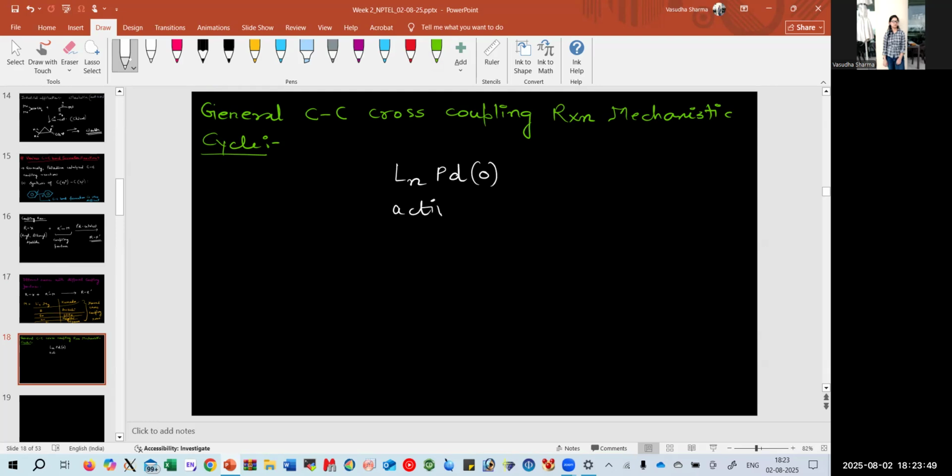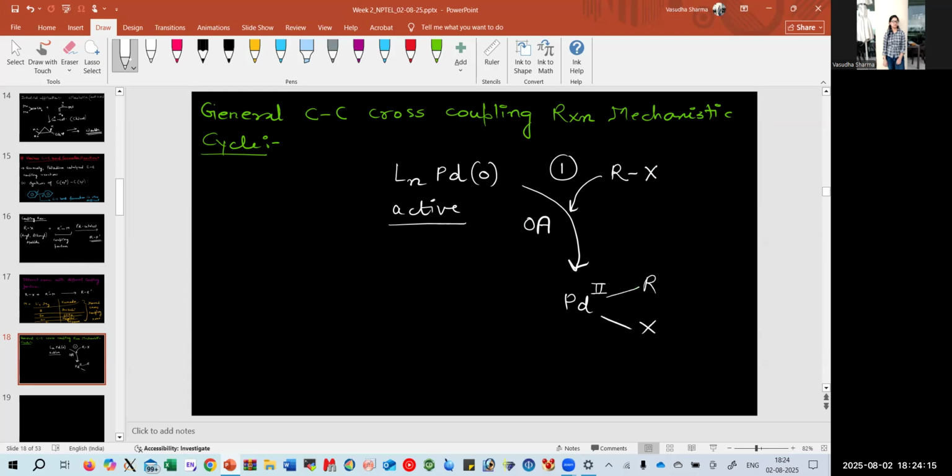So this is active palladium 0, followed by it would react with your substrate, which is your aryl or alkyl halide, and the step is called oxidative addition, OA, where the palladium is going to change its oxidation state from 0 to palladium 2, because the R and X will get coordinated with this one.